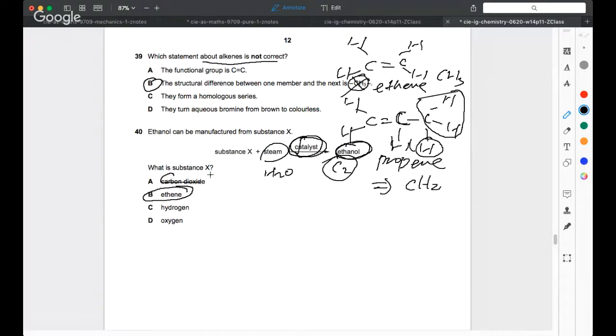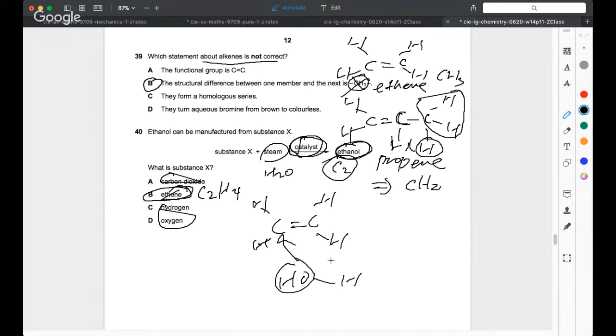So carbon dioxide has only one carbon, and the others don't have carbon at all. Only ethene has two carbons, and essentially you're adding an OH group and a proton to the two carbons, which gives you an ethanol molecule. So the right answer is B.